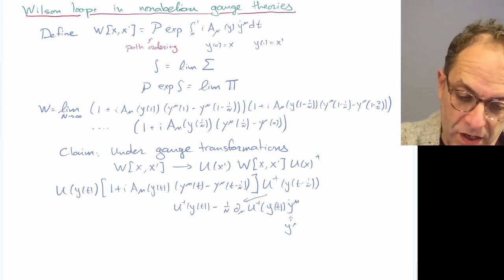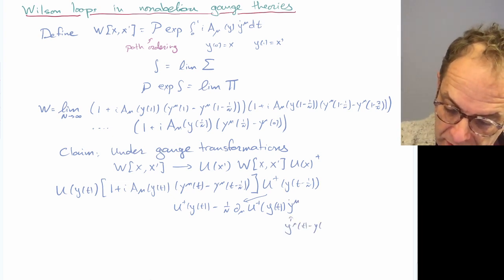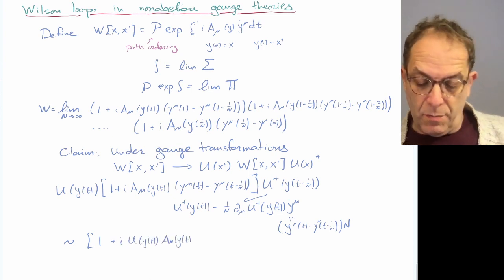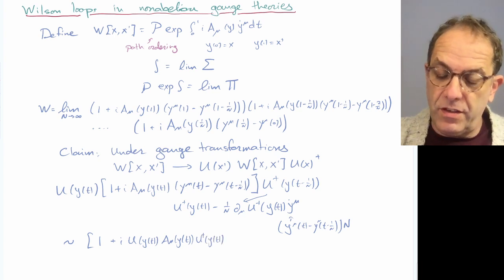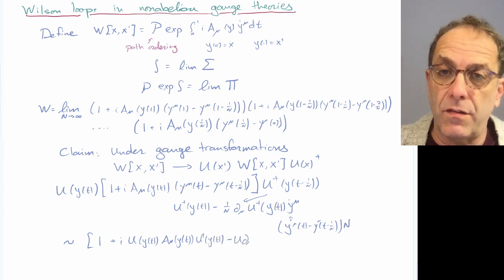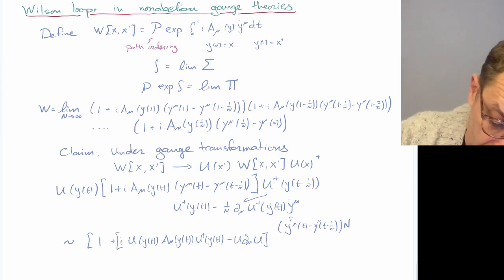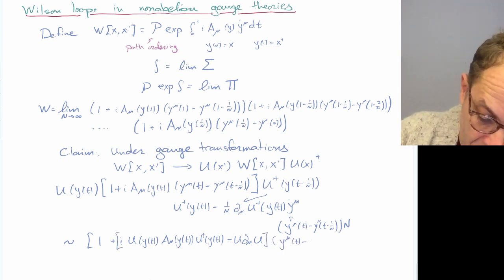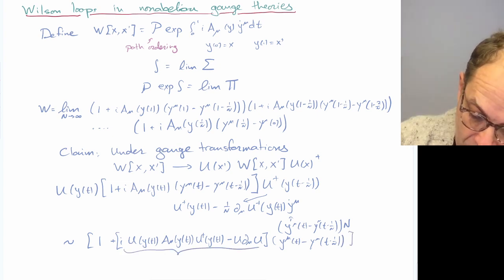But this y dot I can again write as y of t minus y of t minus 1 over n, all that multiplied by n. And now if I insert it, ignoring terms of order 1 over n squared, where this is the gauge transformed A mu.